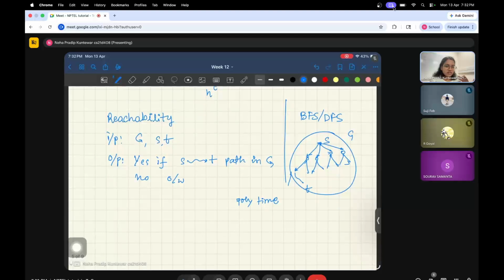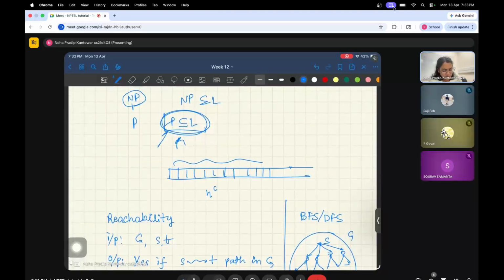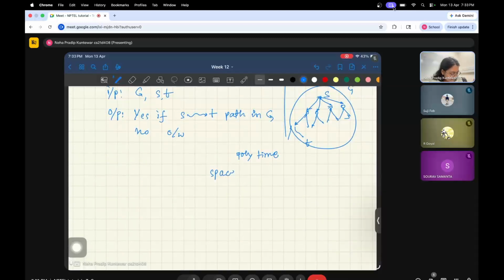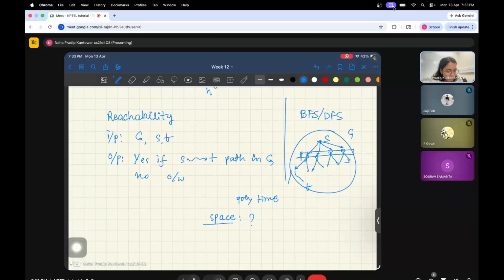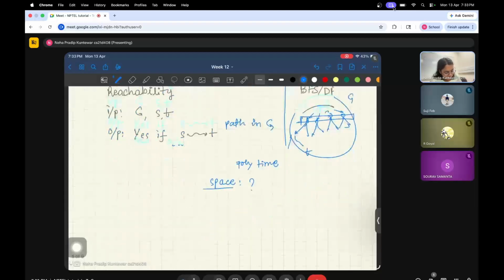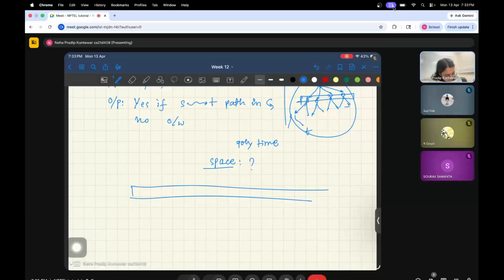But more importantly, what is the space required by this algorithm? This is one language which is in P, but what space does the algorithm need? If I do a BFS, I need to store all the neighbors of S, let me call them gamma of S. Then for each of them, you further explore their neighbors, so this expands further. If you did not find anything, you terminate and can reuse that part of the memory, but the other one will also expand.